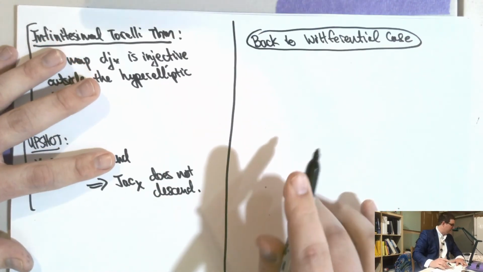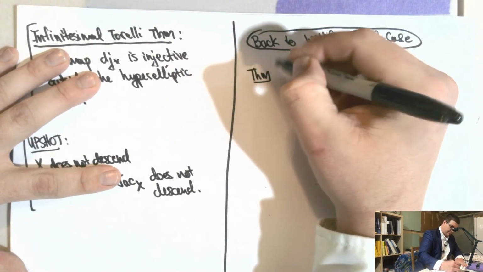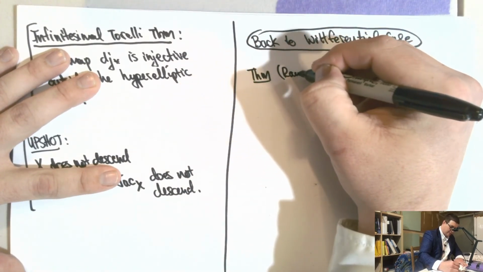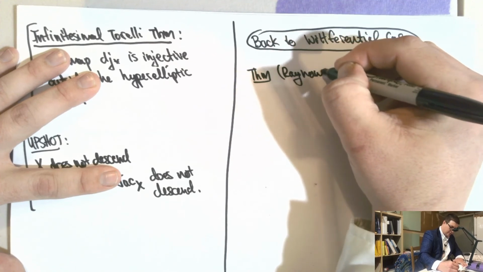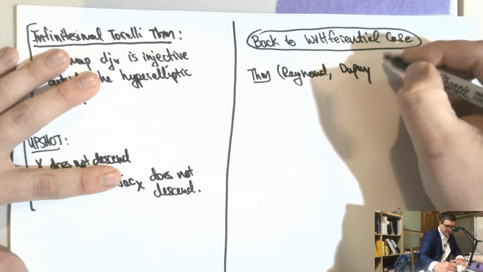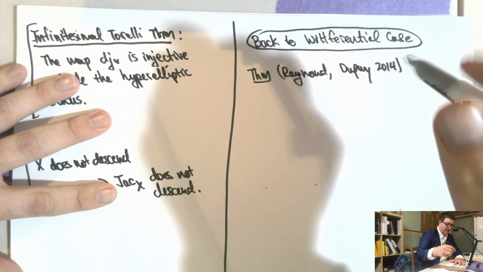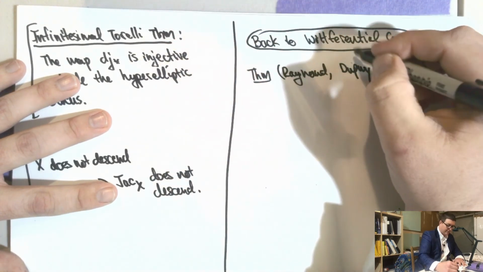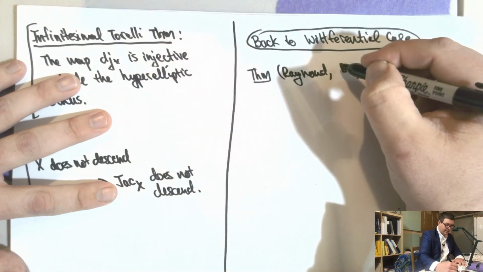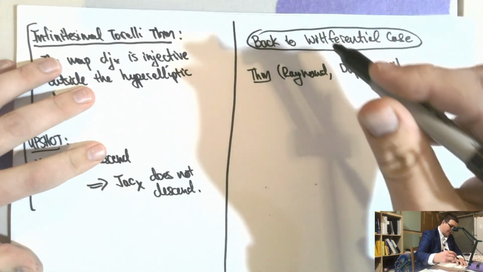Okay, so there's a theorem of Raynaud, and then I have a paper on this topic in higher dimensions, and then Piotr and collaborators have a paper that does things that are more general than this.